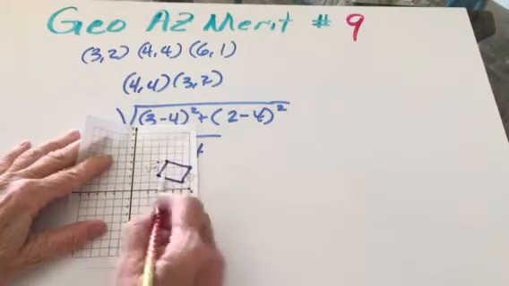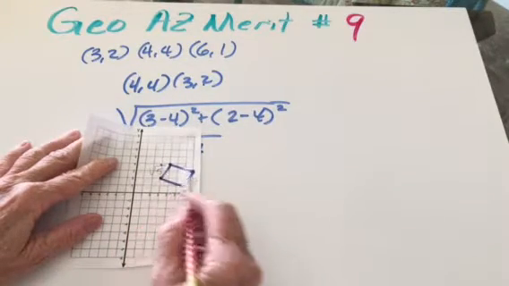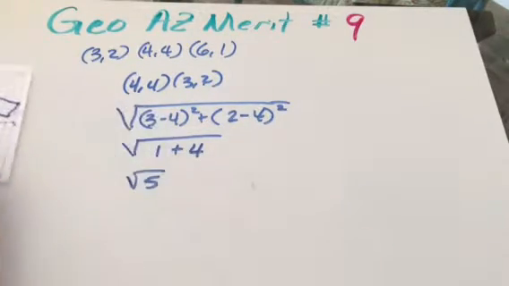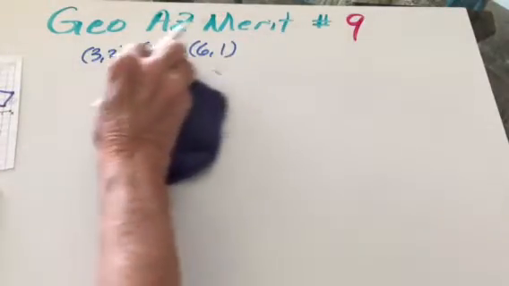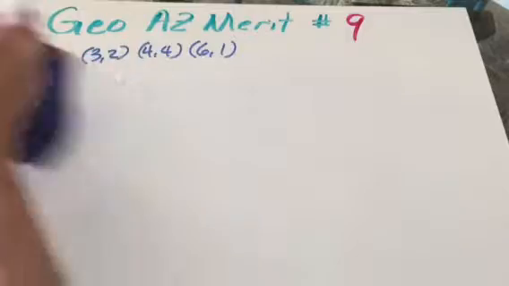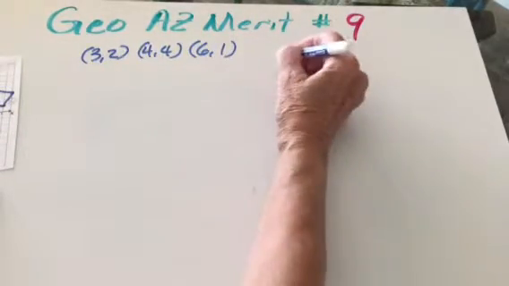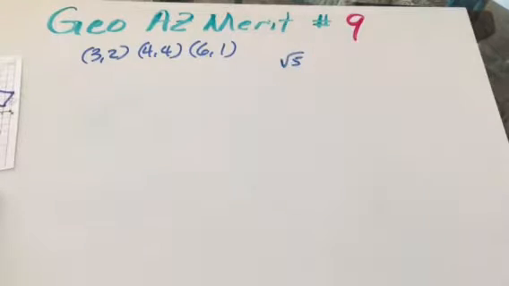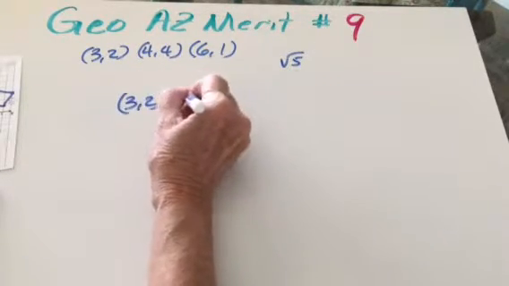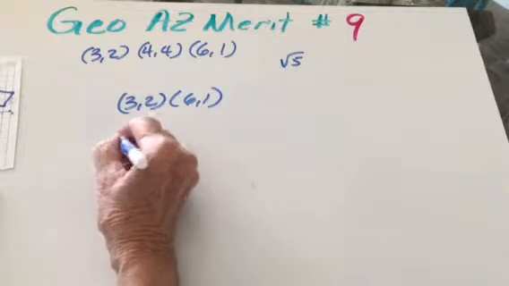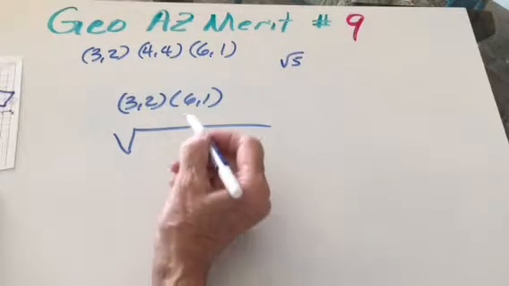Now let's find the distance. It really doesn't matter. I could either go here or go here. Let's choose 3, 2 and 6, 1. I'm putting radical 5 before I forget. All right, so 3, 2 and 6, 1. And I want to find the distance between there. Okay.